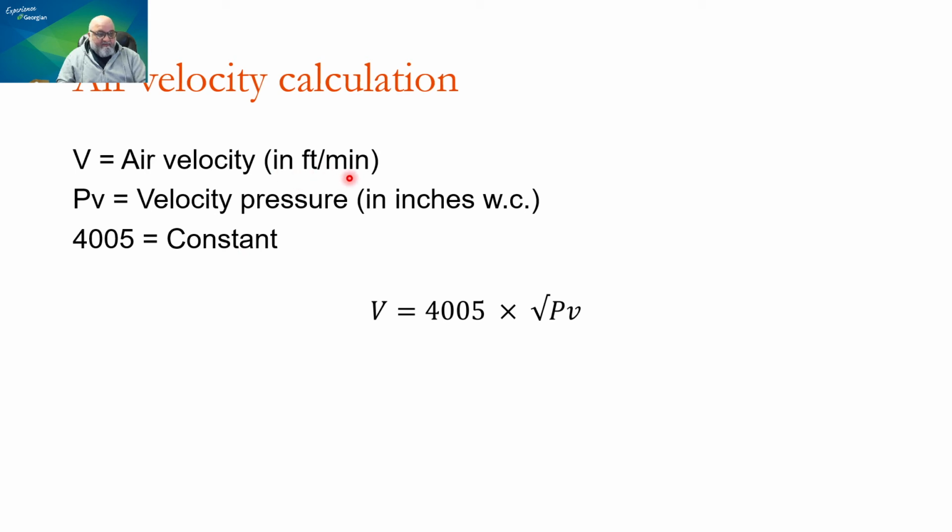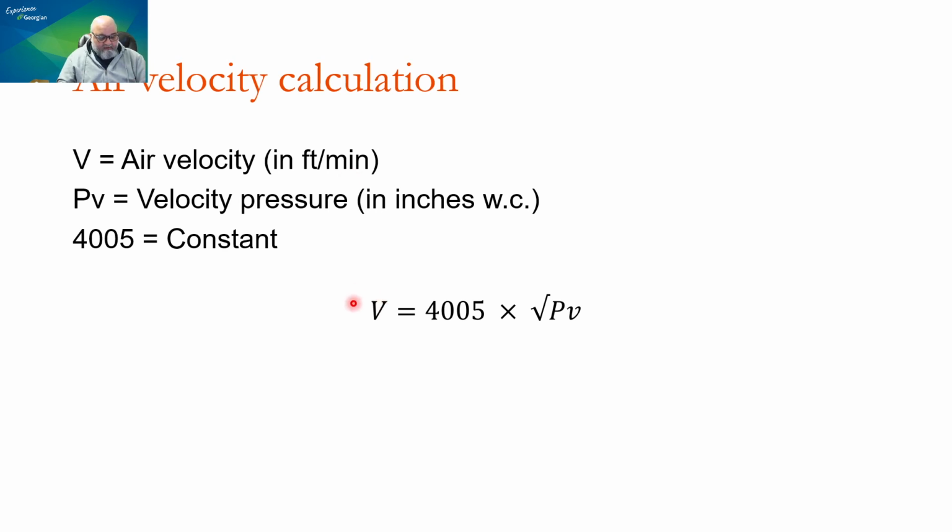If you get feet per minute, you can calculate the CFM. CFM is a critical thing to calculate. So if you start by measuring the velocity pressure, then calculating the air velocity, you will eventually end up calculating the CFM, which is very, very important.